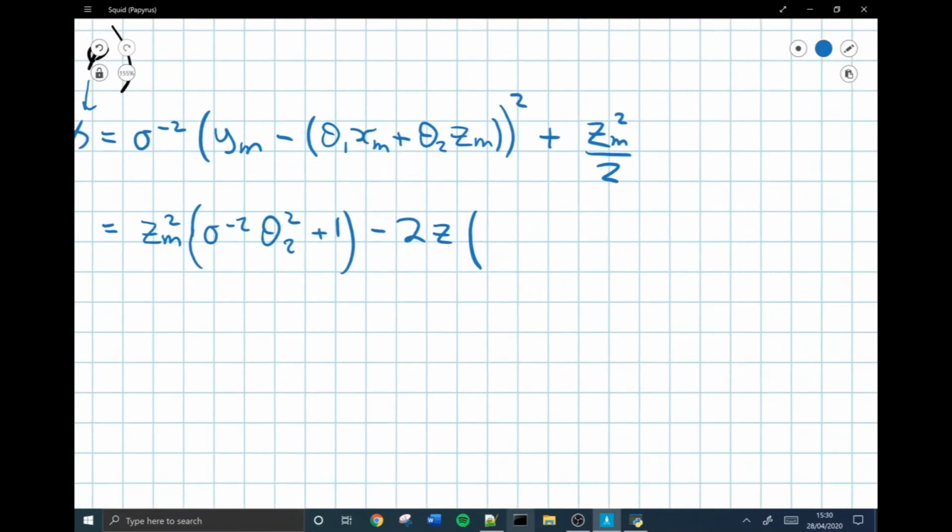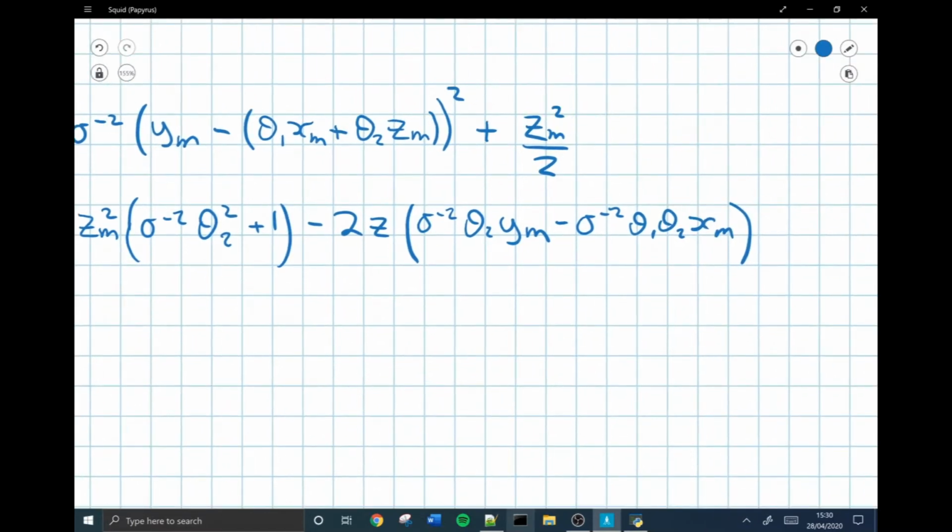we end up with a sigma to the minus 2 theta 2 ym minus sigma to the minus 2 theta 1 theta 2 xm plus some constant, which I'll just call c.